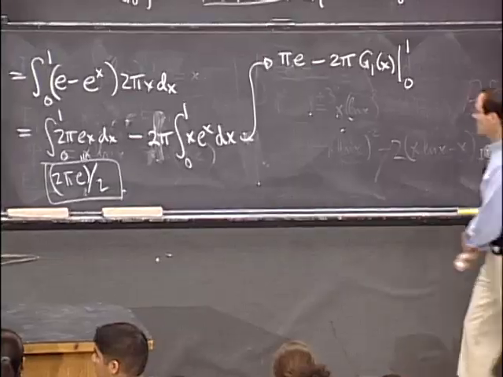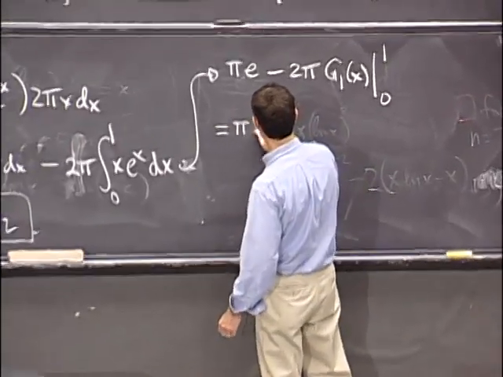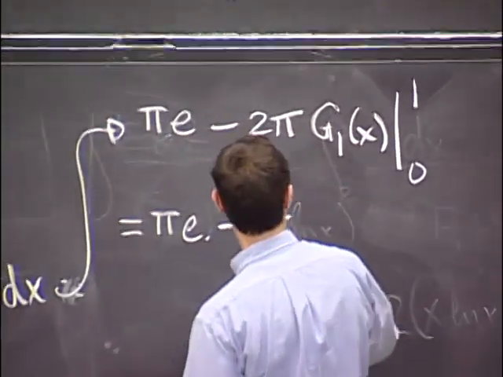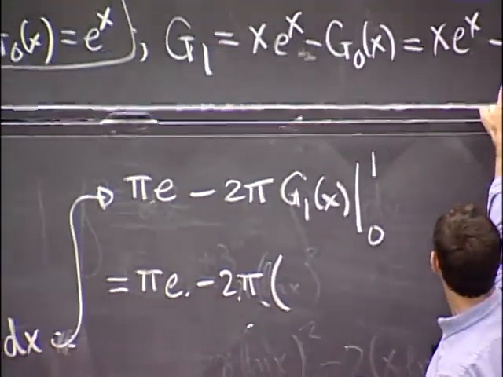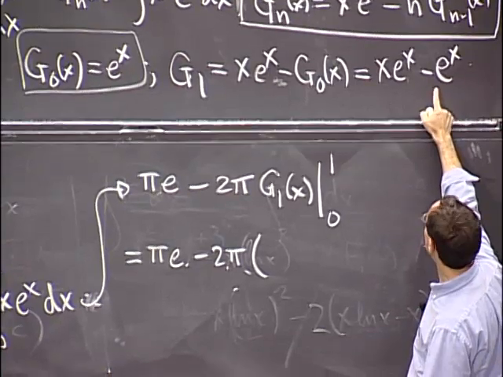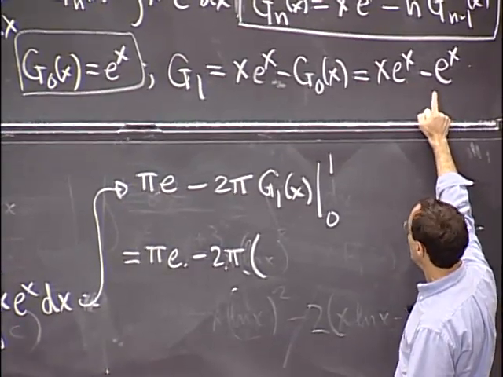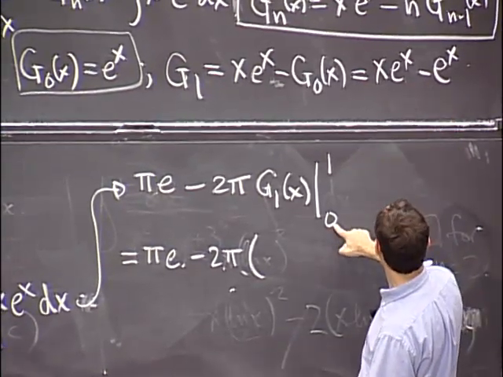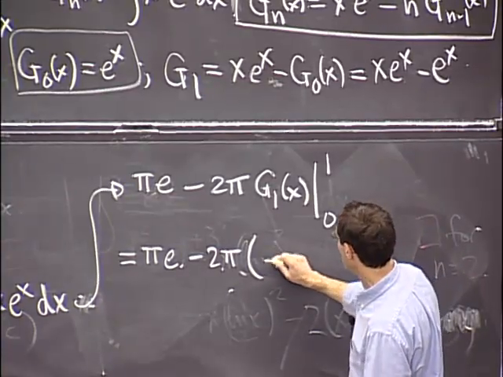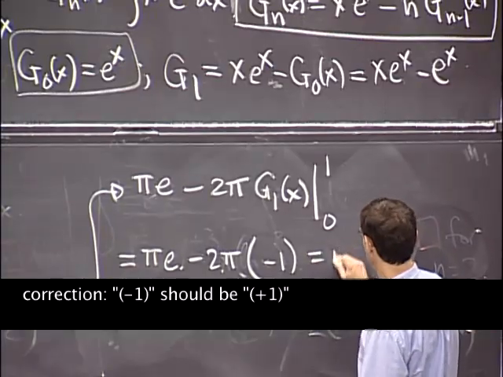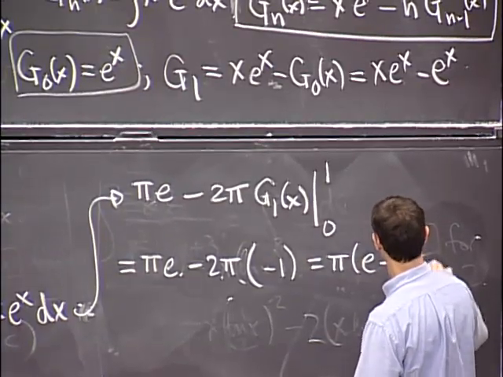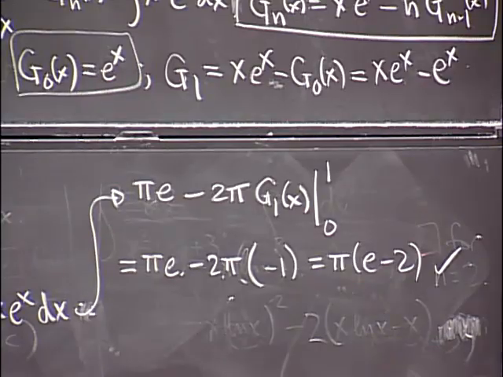So let's make sure that it's the same as what we had before. It's pi e minus 2 pi times, here's G1, so it's x e to the x minus e to the x. So at x equals 1, that cancels. But at the bottom end, it's e to the 0, so it's minus 1 here. All right? Is that right? Yep. So it's pi e minus 2 pi. It's the same.